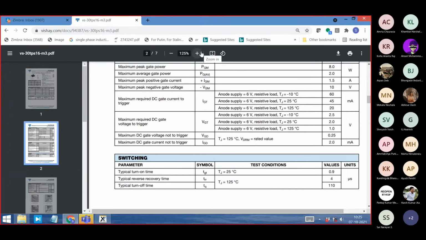Can anybody read that? 110 microsecond. That means it is expecting that negative voltage will be maintained across it for at least 110 microsecond, almost 0.1 millisecond. 0.1 millisecond it has to be maintained. There are other small parameters, but you may ignore them at this point.